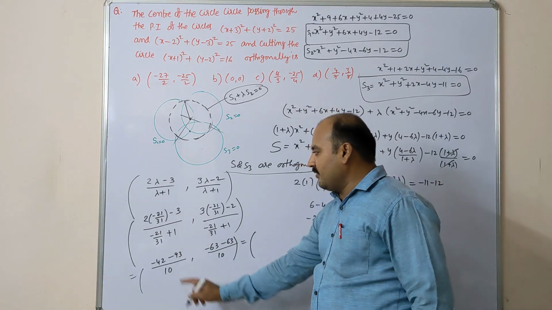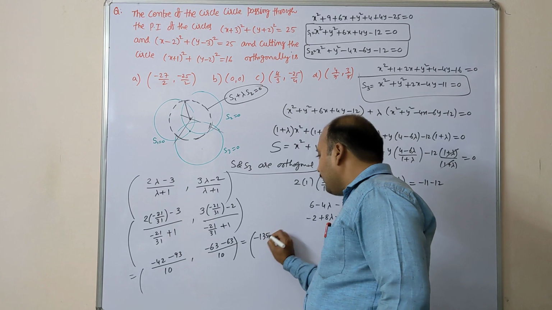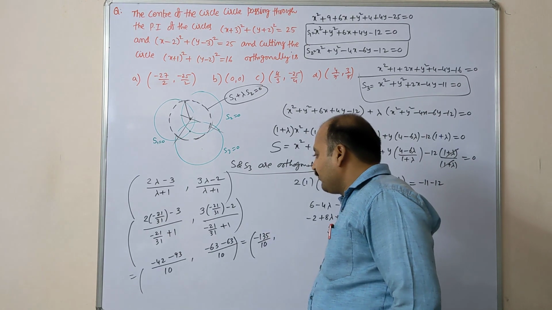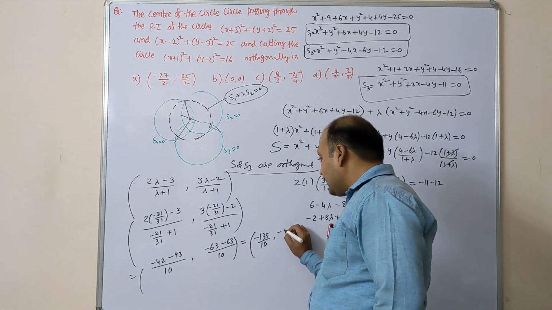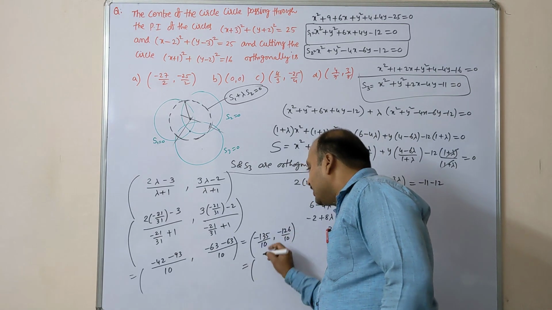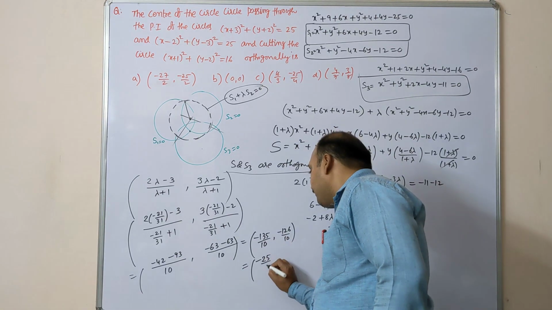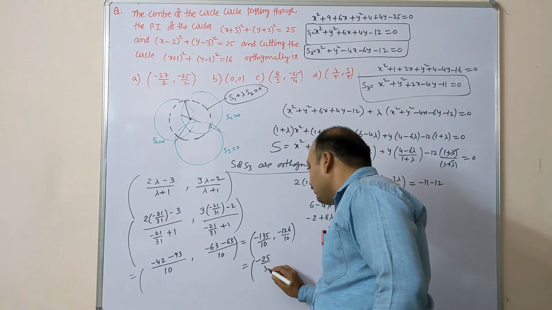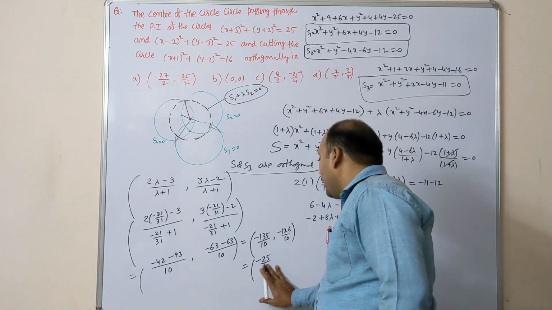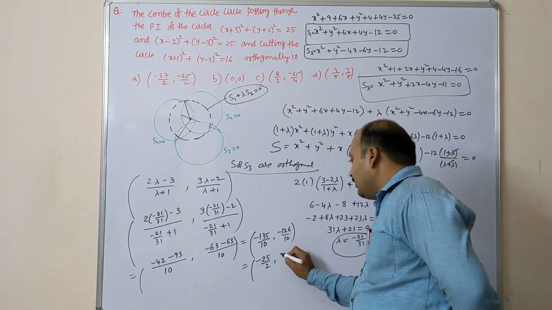So 42 plus 93, 135, minus 135 divided by 10, minus 126 by 10. So 2 table. Here 5 table.